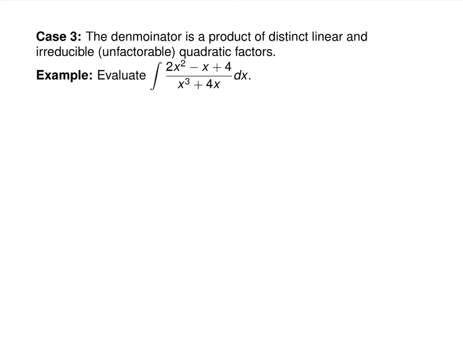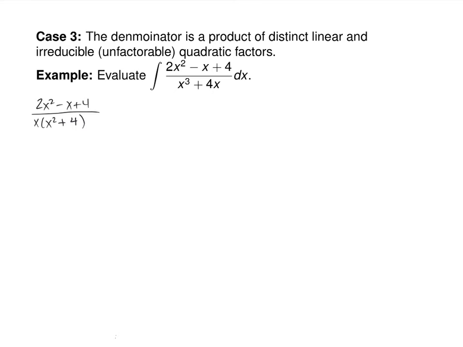So how does this denominator factor? X times x squared plus 4, yep. And x squared plus 4 does not factor. No, it is not x plus 2, x minus 2, that's x squared minus 4.